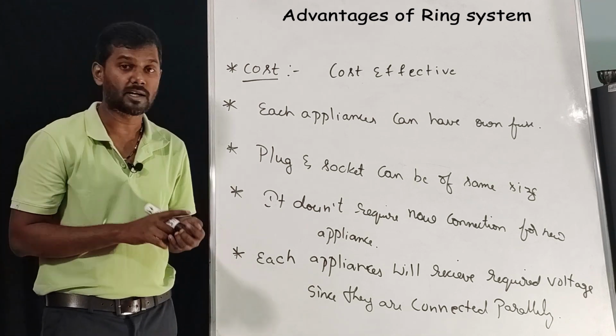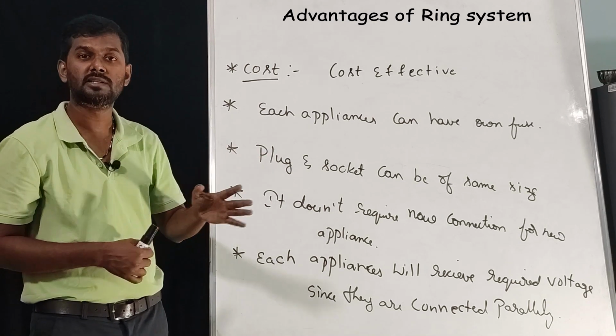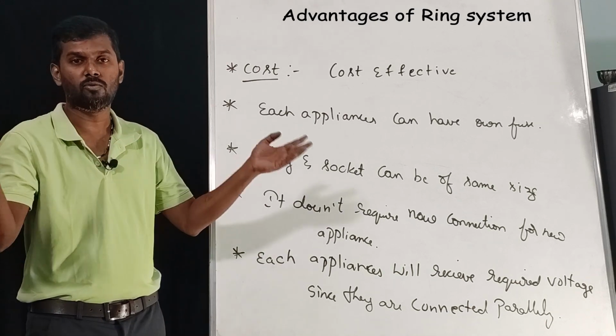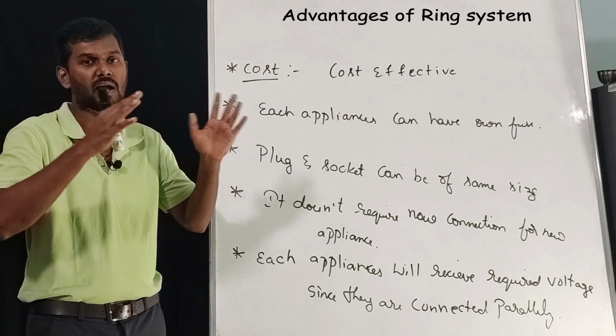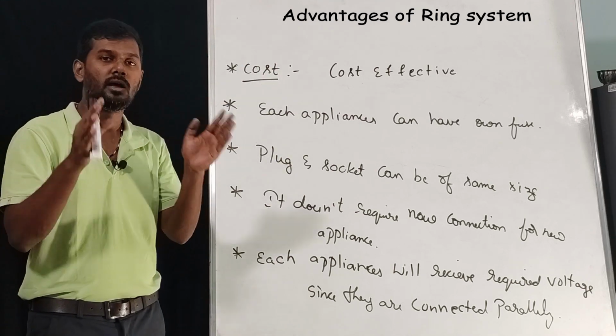All the appliances are connected in parallel. What is the main advantage of a parallel system? Each appliance will receive the same amount of voltage, so the voltage will not divide in a parallel connection. So these are the advantages of the ring system.